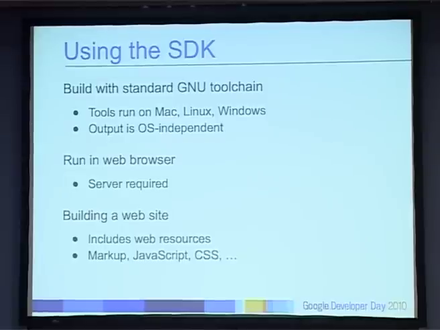Well, in this world, you don't do that. You actually have to build a whole web application which takes your NACL module and uses it as part of that and serves it. So really you are actually building a web app, but you have this native client component that sticks into it. And again, in my example, we'll show how to use all the markup in JavaScript and CSS. It all interoperates.